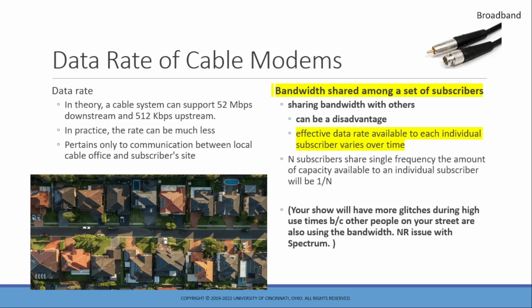And I know this because years ago we had Spectrum in my house and we lived on a cul-de-sac. And between 7 p.m. and 10 p.m., kind of peak TV hours, right? We'd be watching TV and all of a sudden the show would pause.